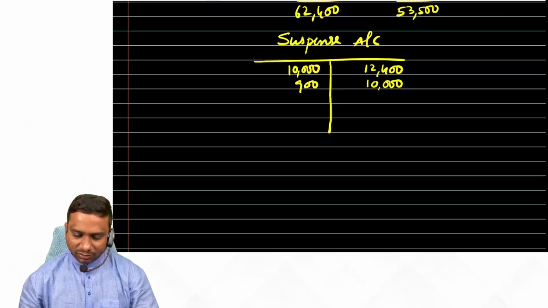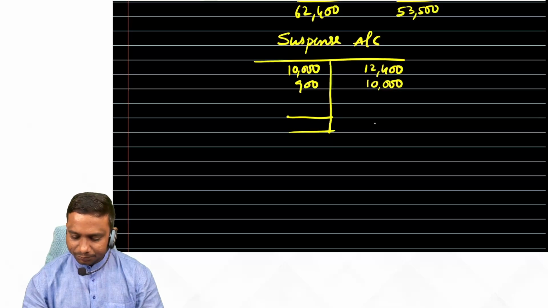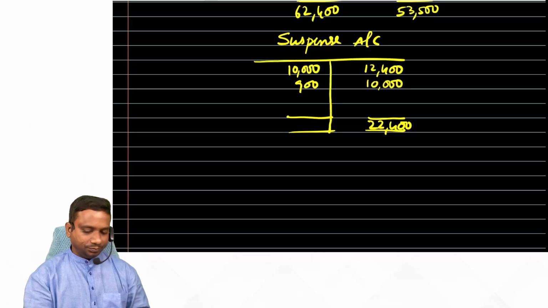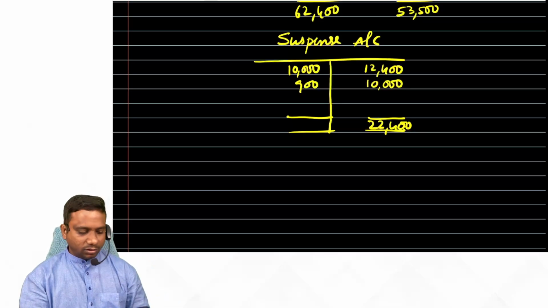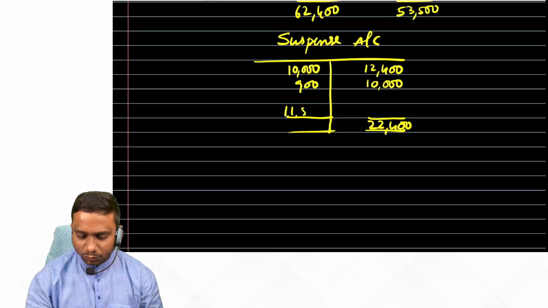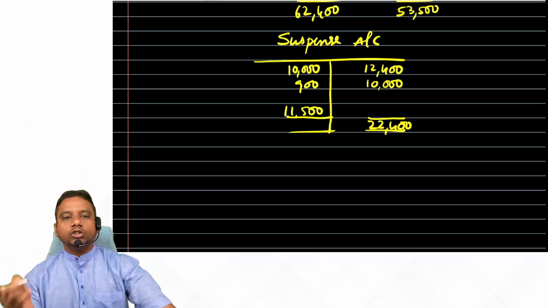Now balance the suspense account. Credit side 22,400 minus 10,900. Difference is 11,500, students. Here the suspense account is showing a credit balance.